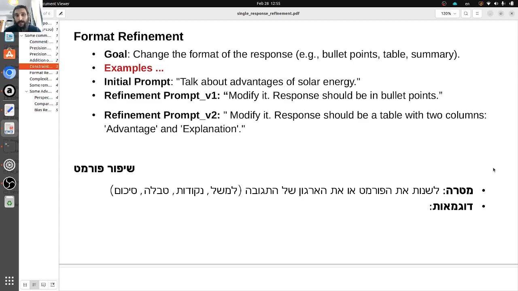I personally use the first version a lot, especially when learning about new topics, because it allows me to extract the major points related to a certain topic in such a way that I can grasp them very quickly.